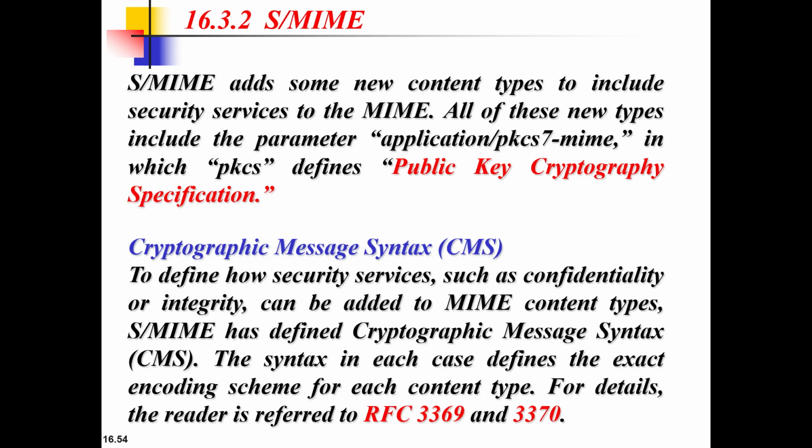Now we will start with S/MIME. S/MIME adds some new content types to include security services to MIME. All of these new types include the parameter application/PKCS7-MIME, in which PKCS defines public key cryptography specification.